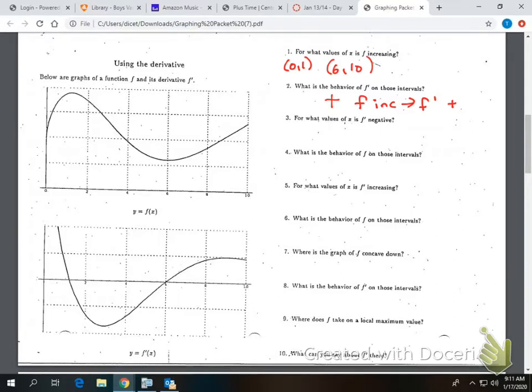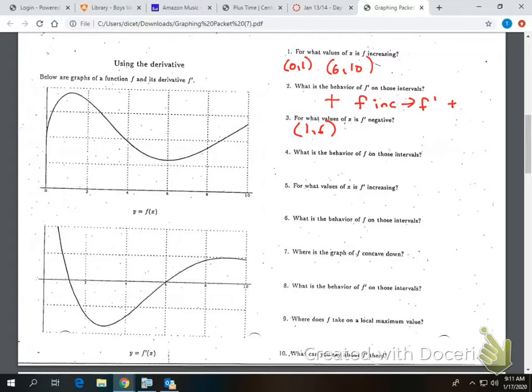Okay? For what values of x is F prime negative? So let's look at F prime, which is down here. Where is F prime negative? From 1 to 6. What is the behavior of F on those intervals? From 1 to 6, go to F. What was our graph doing?